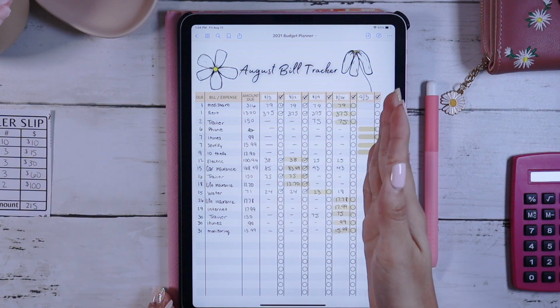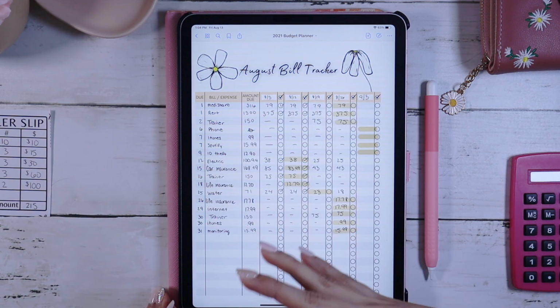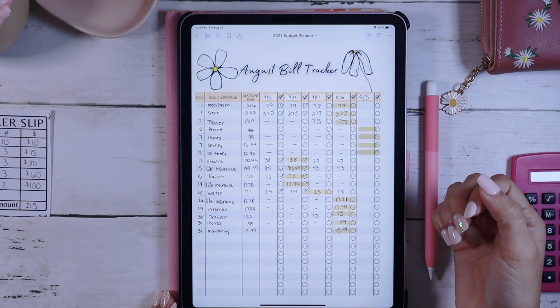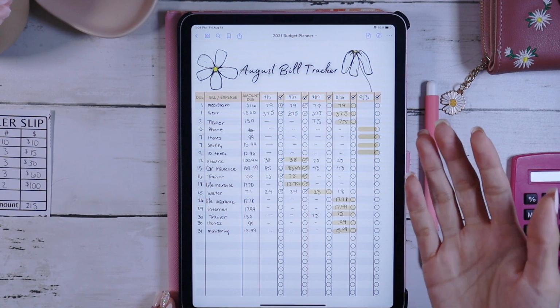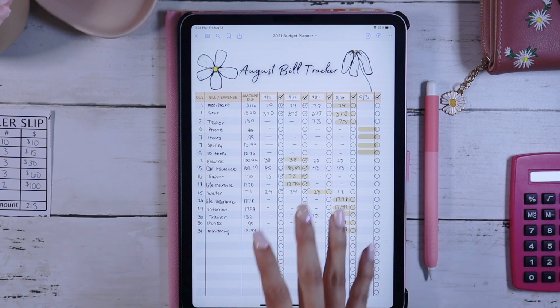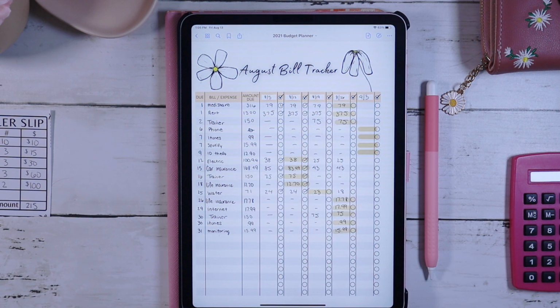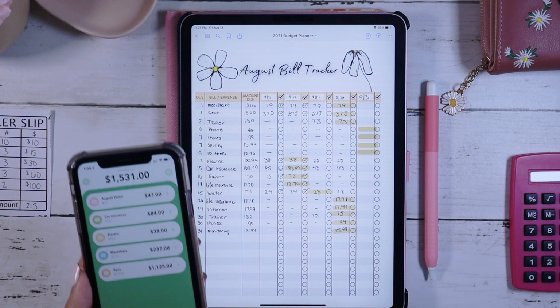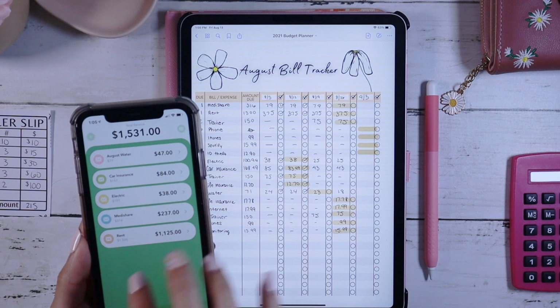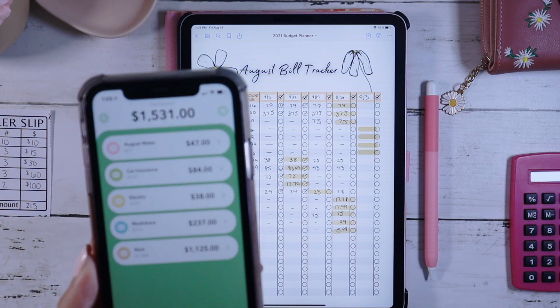By dividing it into the paychecks, it's not as overwhelming for us when we are ready to pay that bill. And in conjunction with this bill tracker, I have another app on my phone that we use to track what we have remaining to complete the bill. That's this app right here.